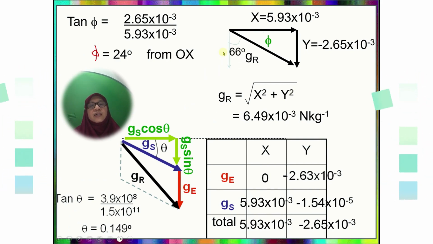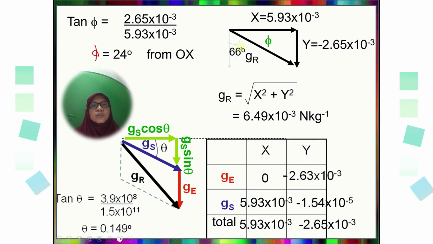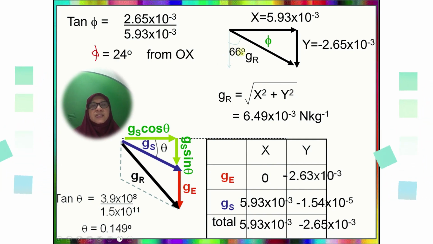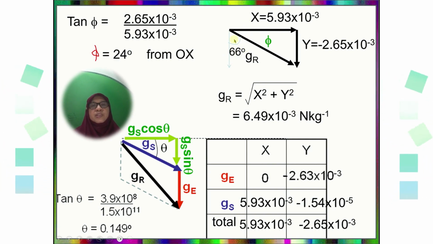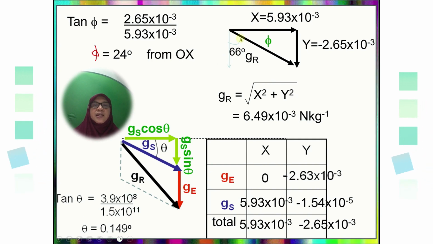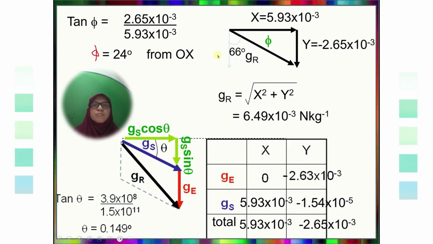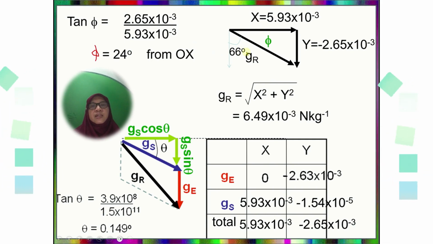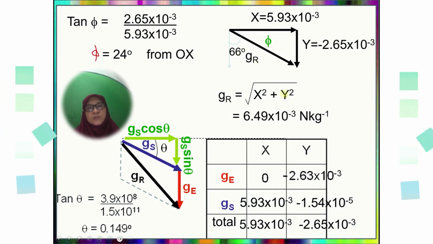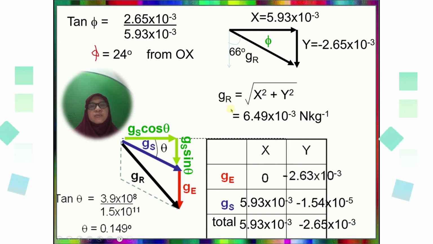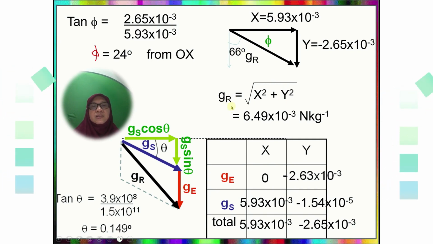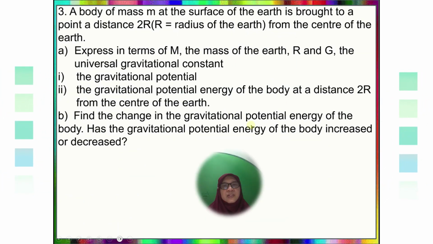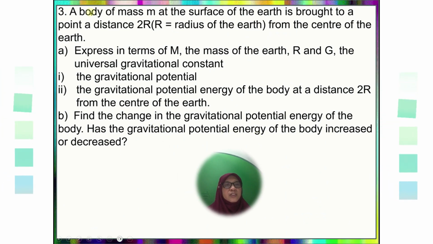You can also use 66 degrees, because of the vertical angle: the right angle, 90 degrees, minus 24, we get 66 degrees. So you can choose either one to state the direction of the resultant gravitational field. Now we go to question 3.